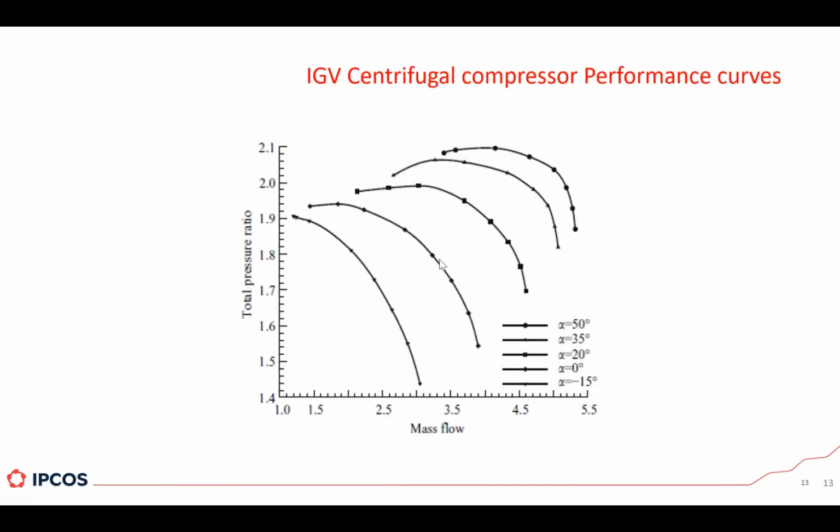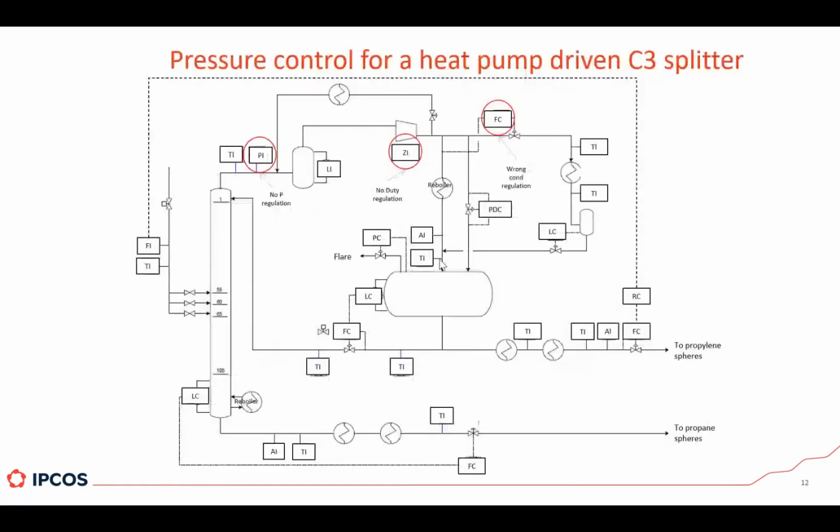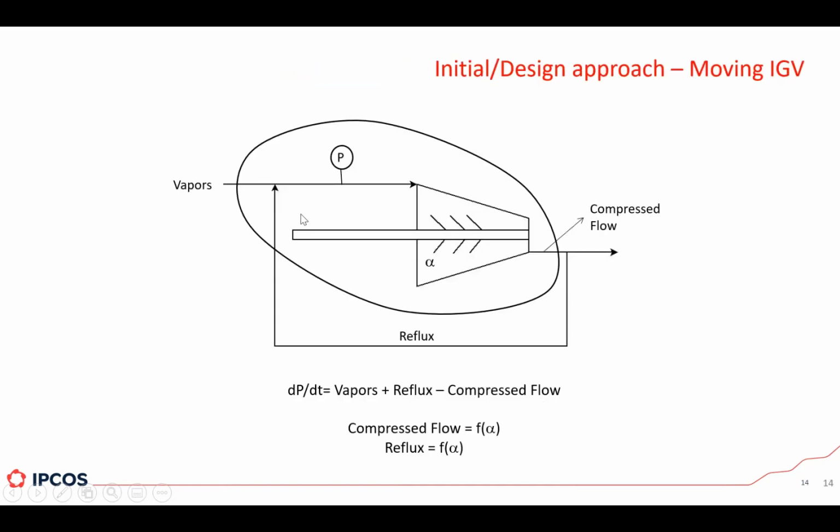Why? Let me go back. The guide vane positions, as you see, change the mass flow compressed and the pressure. And if you remember, most of the mass flow that has been compressed is condensed and then, on level control, sent back to the column. So the more you compress, the more you open the guide vanes, the more reflux you generate. So it becomes almost a positive feedback loop.